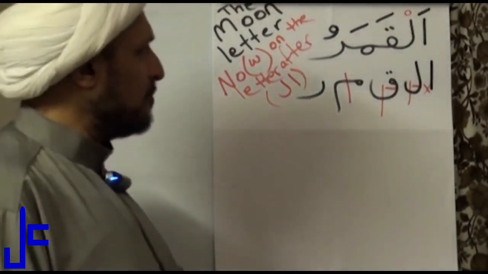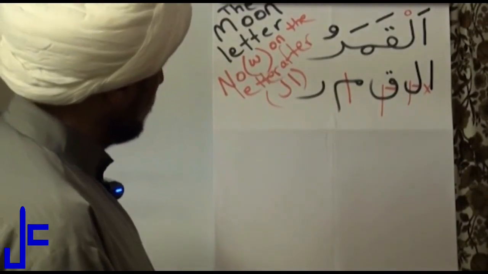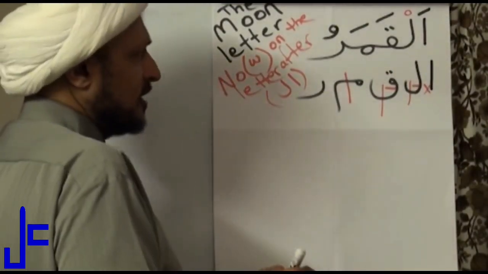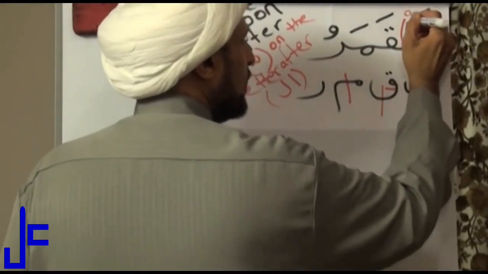So you said al-qamar. So what is the difference then between this sun letter and moon letter? I'm going to mention it, but focus on this lam sound. Al-Qamar. Can you hear it? There's a lam sound coming out of my mouth.